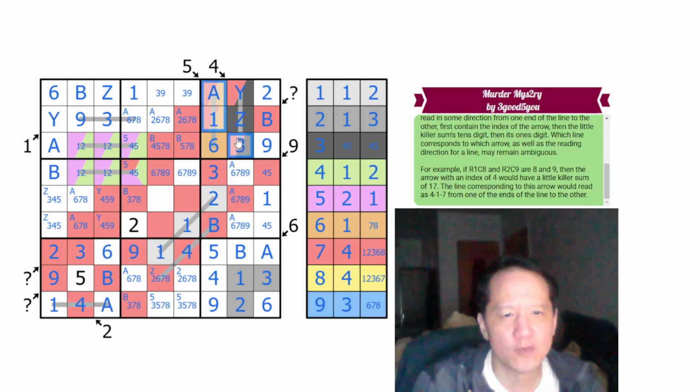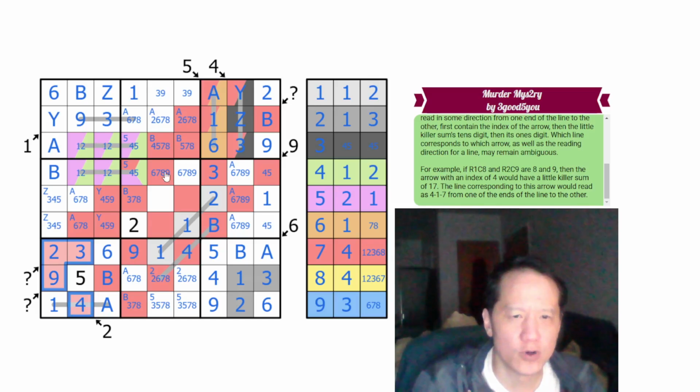So that's 24. This 24, these 5 could add up to 35. So we have 24 plus 3 is 27, plus 35 is 62. 9 is 71.